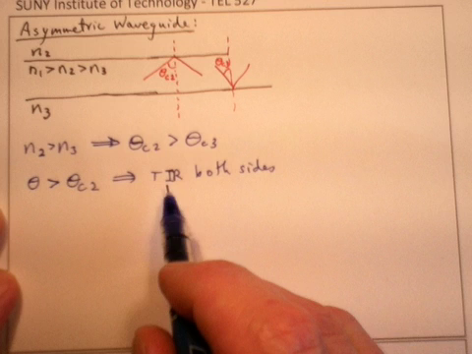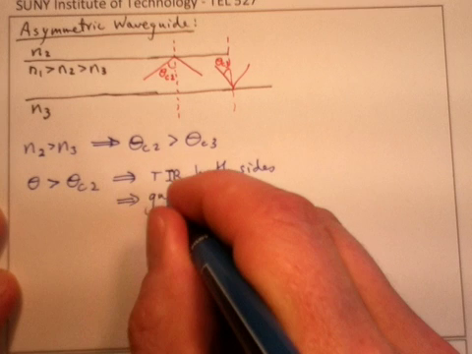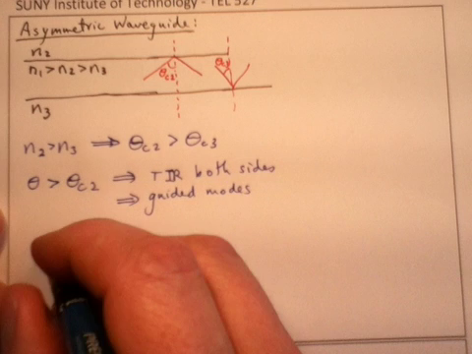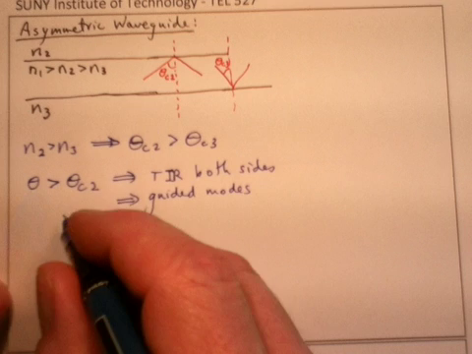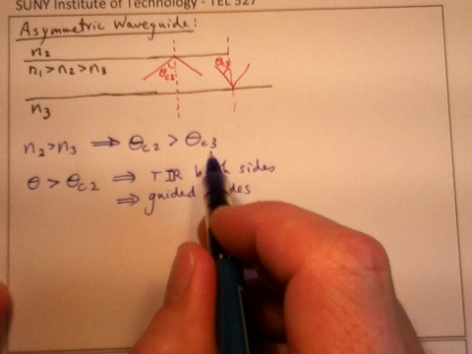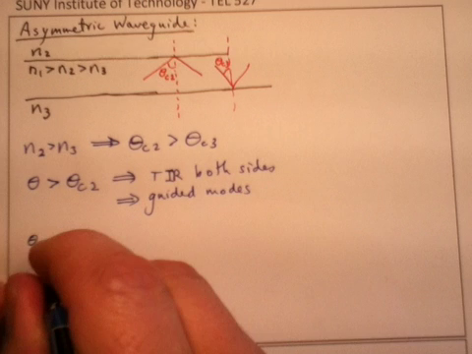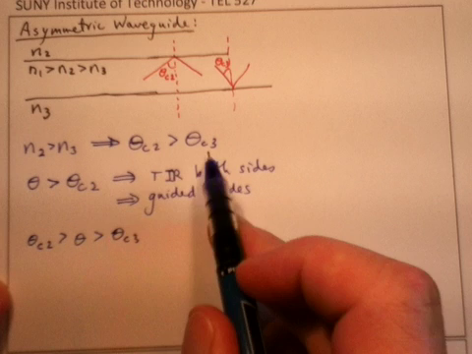We then can guide, so then we have guided modes. If, on the other hand, the zigzag angle of a ray is in between these two critical angles, theta critical 2 is greater than theta, which is greater than theta critical 3, then we have a problem.